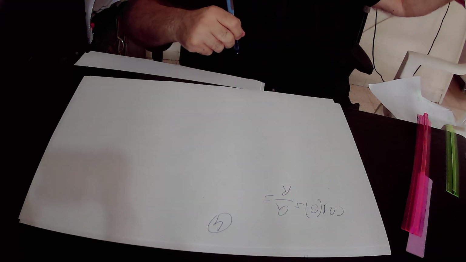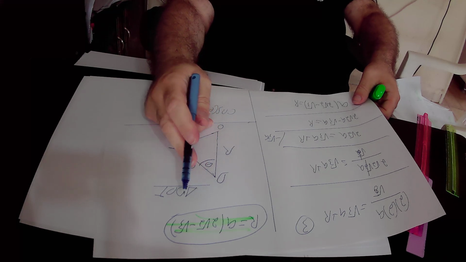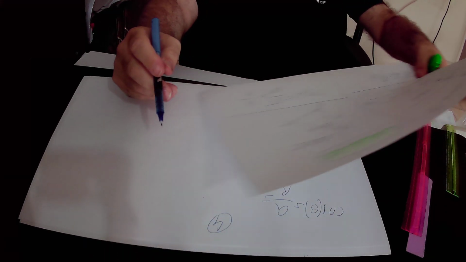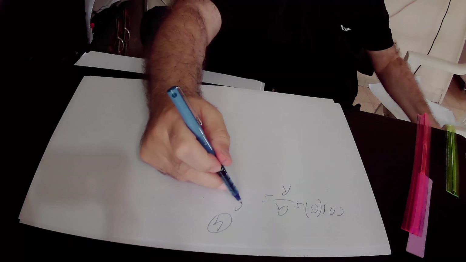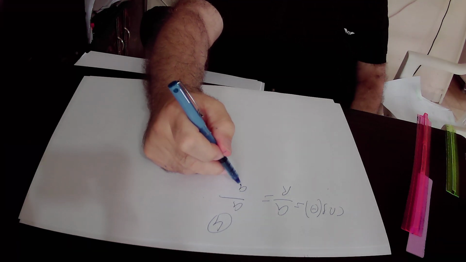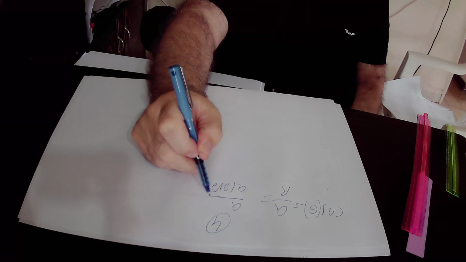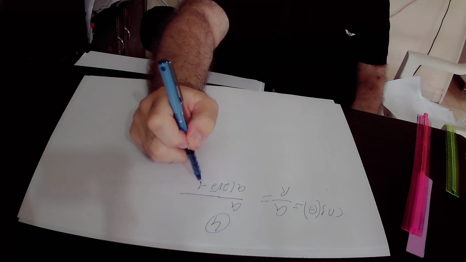But here we have already found out that r equals a times (2 times square root of 2 minus square root of 3), so we substitute r by a times (2 times square root of 2 minus square root of 3).